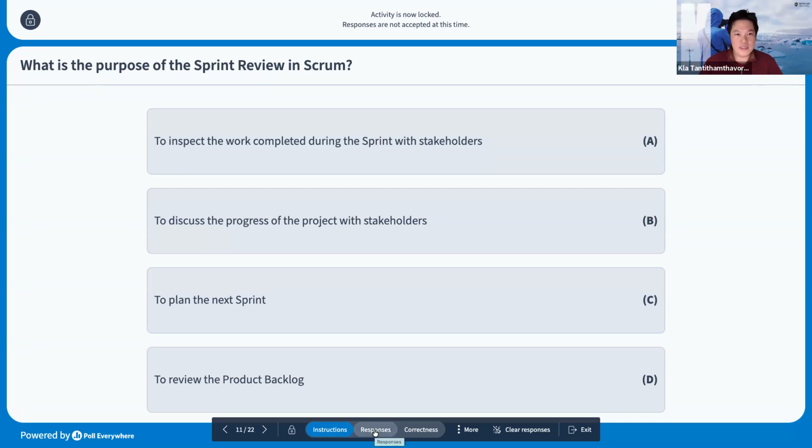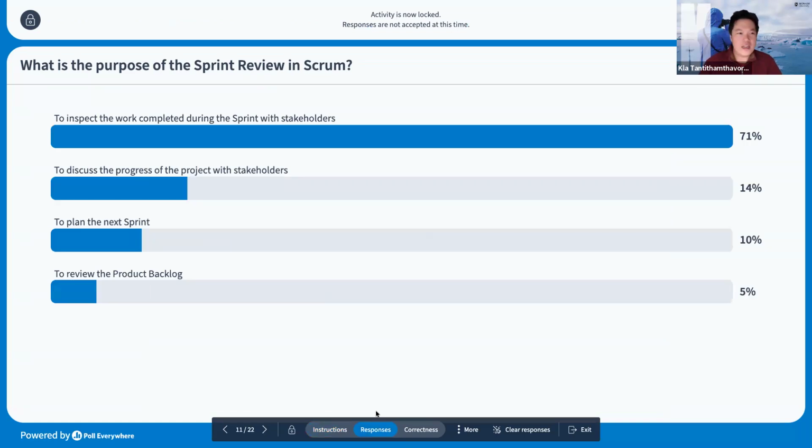All right, what is the purpose of the sprint review? Okay, choice A. Okay, I think that's the right option.